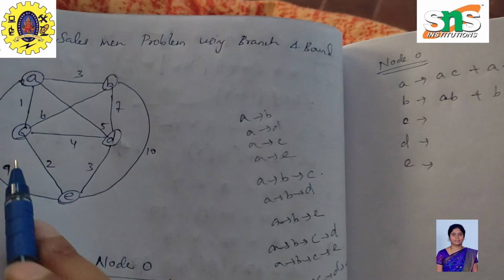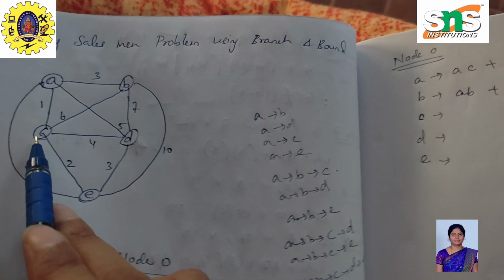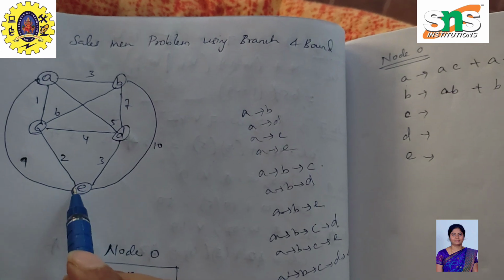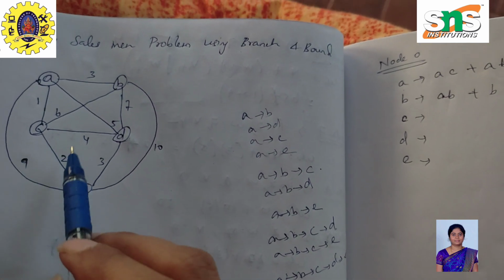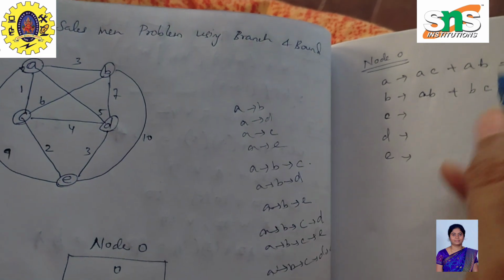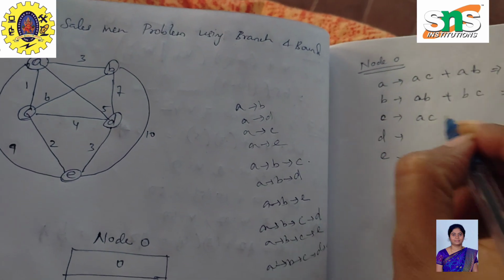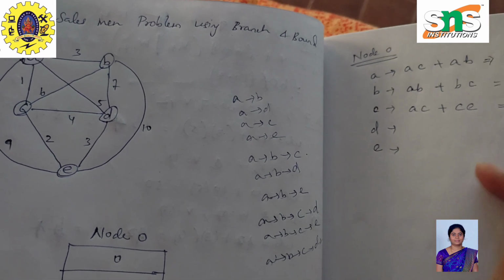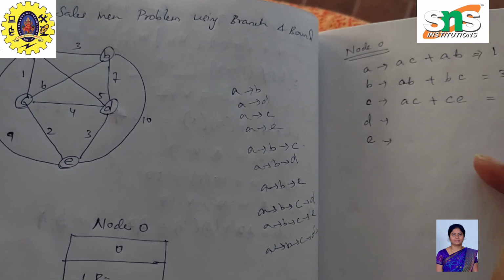And for C, I have adjacent nodes A, B, D and E. The minimum values are A and then E, so AC plus CE, which is 1 and 2.